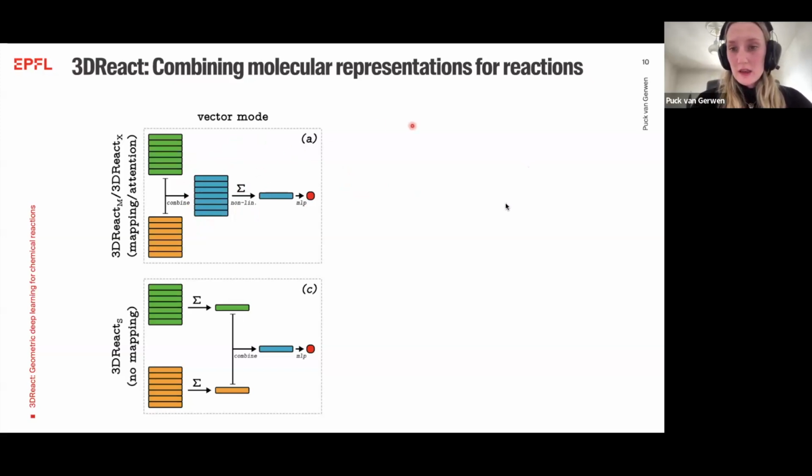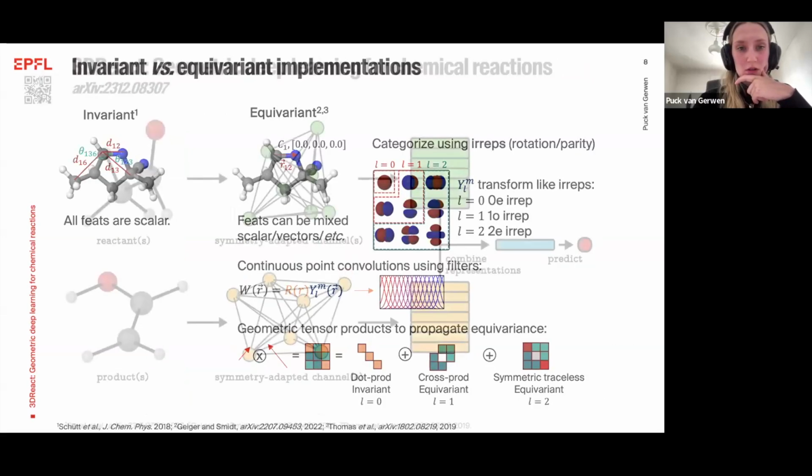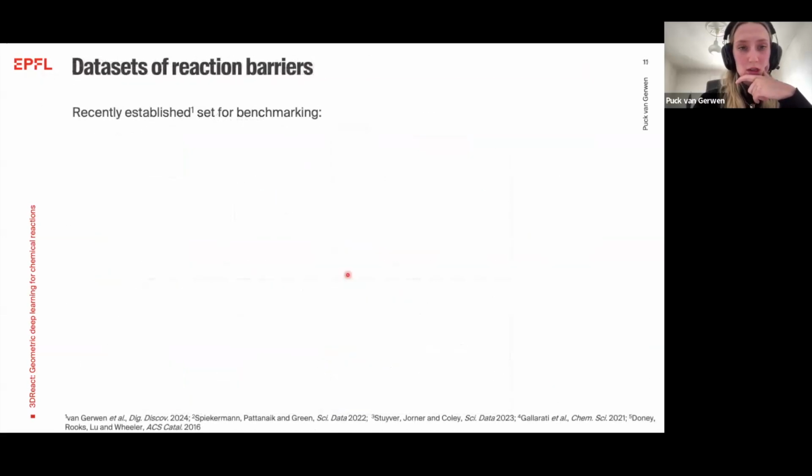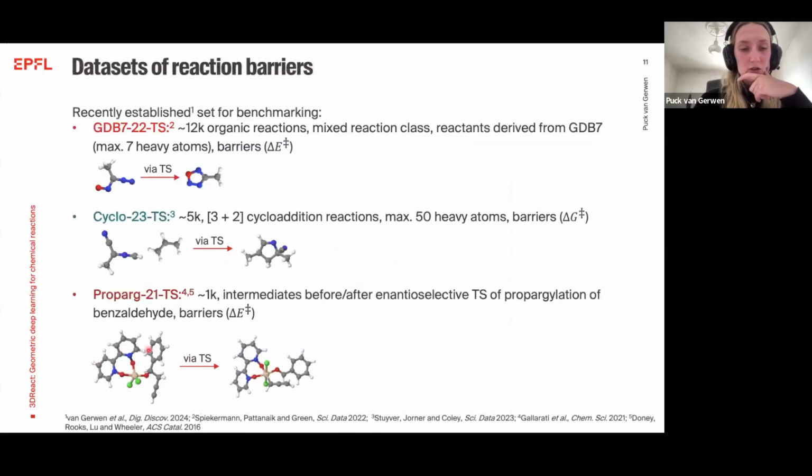The next one: why don't we have the benchmark of model plus reaction mapper on the Proparg dataset? The Proparg dataset has quite freaky molecules. For example, reaction mapper is trained on molecules with carbon, hydrogen, oxygen and nitrogen, and it will never have seen molecules like these silicon molecules with freaky groups.